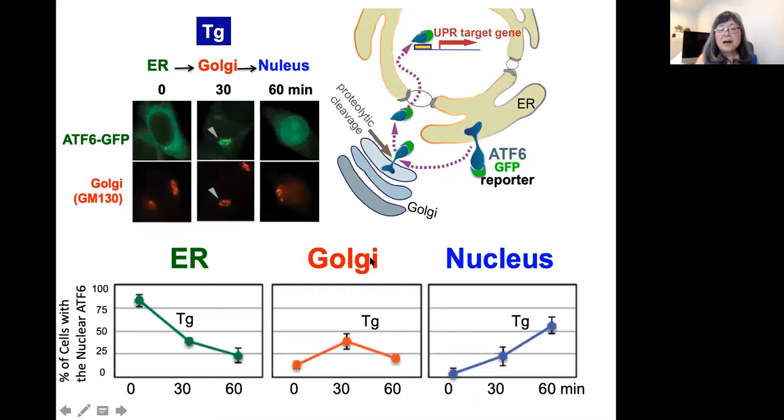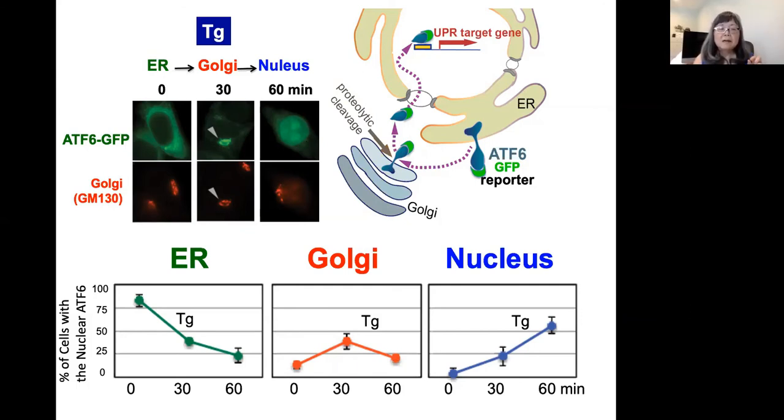So to do that, we used an ATF6 reporter where GFP is fused to the cytoplasmic portion of the protein. And with this, initially the ER localized ATF6 moves to the Golgi and then ultimately enters into the nucleus. So by monitoring the whereabouts of the GFP, we can assess activation status.